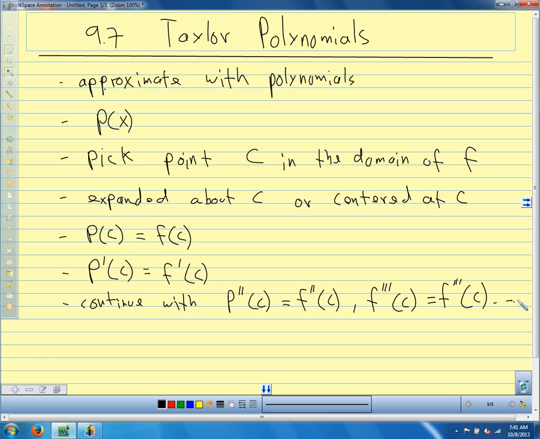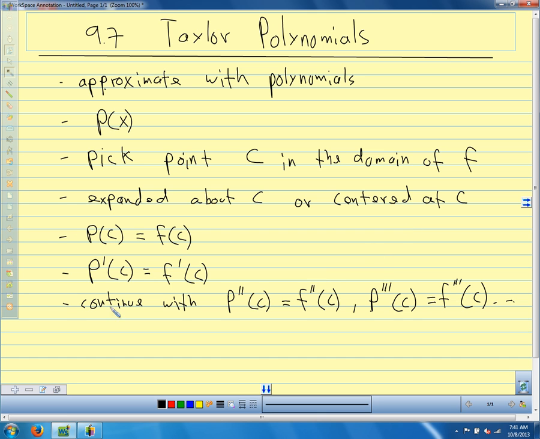So we're going to require that the function agrees and that its derivatives agree, depending on how many terms in our polynomial we want. This is going to give us our method for developing this polynomial, the requirement that these all agree. Oops, and this should be p triple prime at C. Yeah, f triple prime at C better equal p triple prime at C, or we're in trouble.